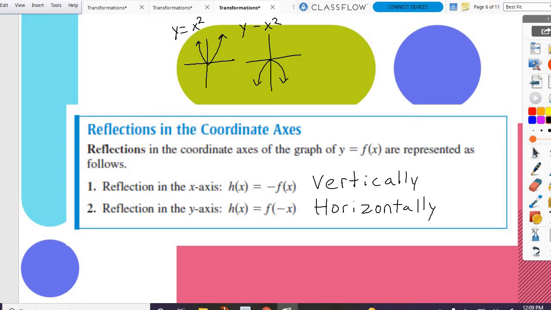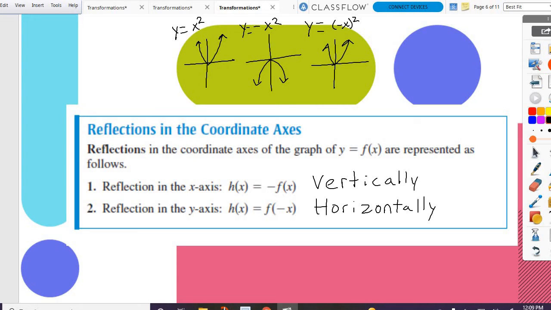But what happens if I try to reflect it horizontally? Why is it going to be the same thing? Because it's symmetrical about my y-axis, right? Or what happens when we square a negative? It becomes positive, so that's why we would end up with the same graph, okay?